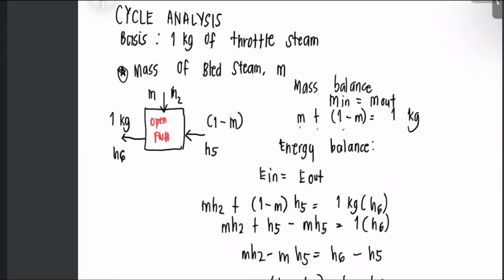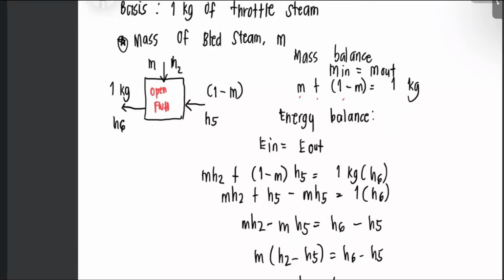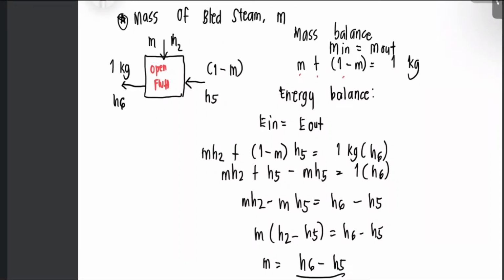Okay. Papasok na class yung energy balance natin. So, all entering energies is equal to all the leaving energies within the system or the component. So, since the consideration now is the feed water heater, ayan, we have the MH2 plus 1 minus M, H5.